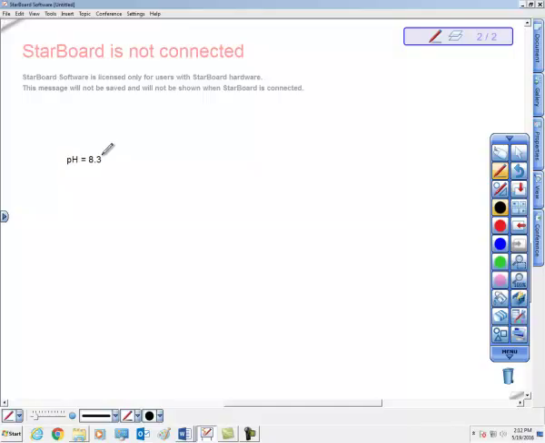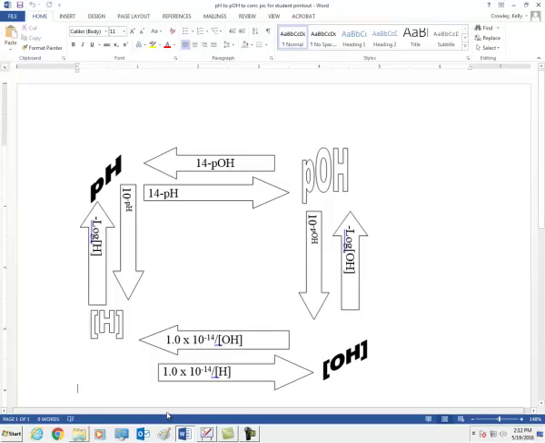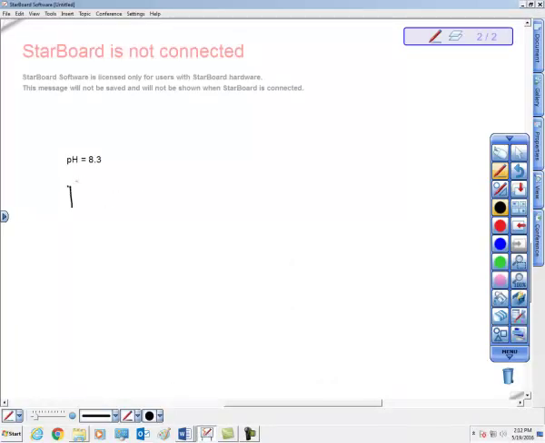So that trick that we were just doing is not going to work anymore. So let's go back to the picture and see what we can pick apart. It really doesn't matter which order you do it in. I've got pH right here. Why don't we go ahead and easily get pOH? That would be an easy one to do. So what's pOH? 14 minus 8.3.